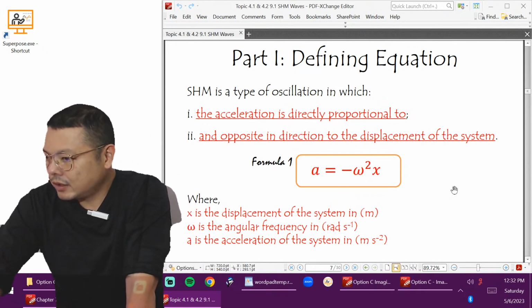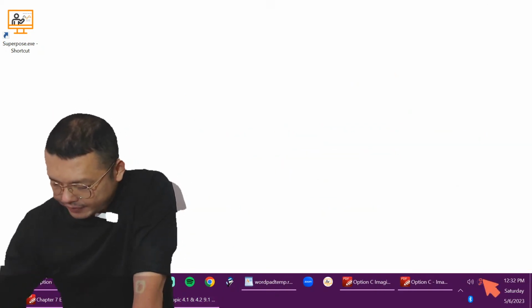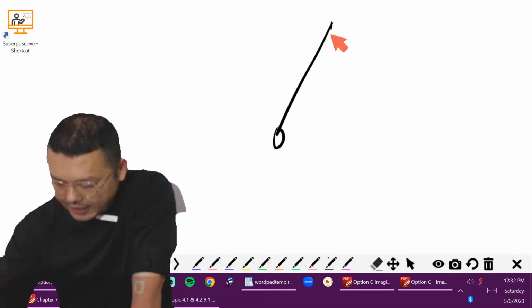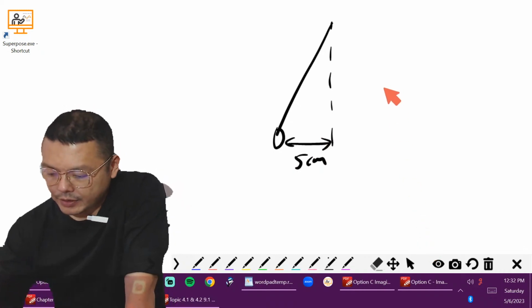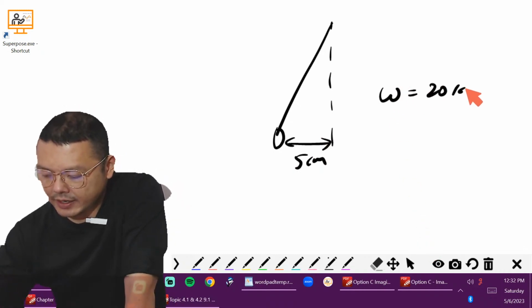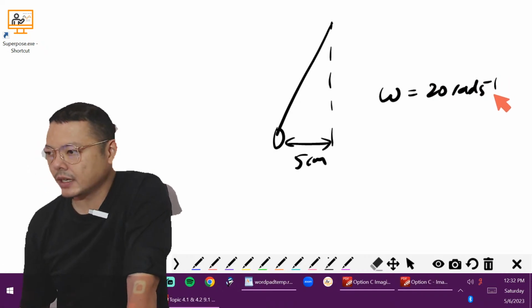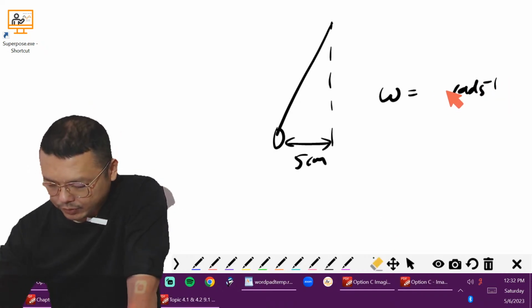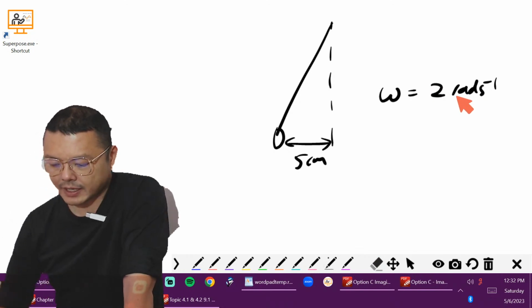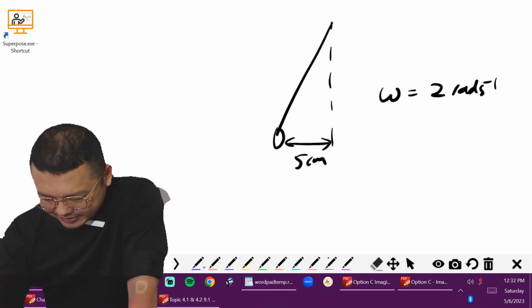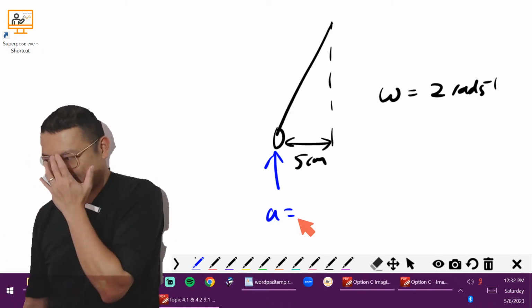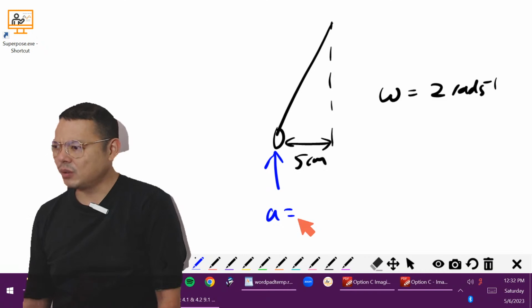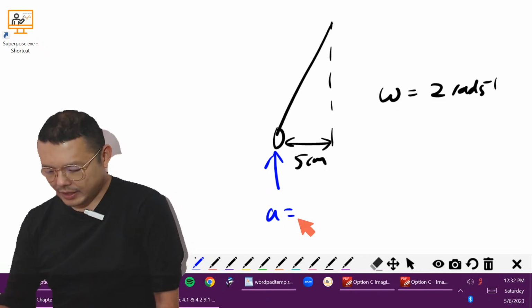So let's say I have a pendulum, and I tell you that the displacement right now is 5 cm, and the angular frequency is, no, 20 sounds very big, 2 radians per second. Then I ask you, what's the acceleration right now? It's negative omega squared x.